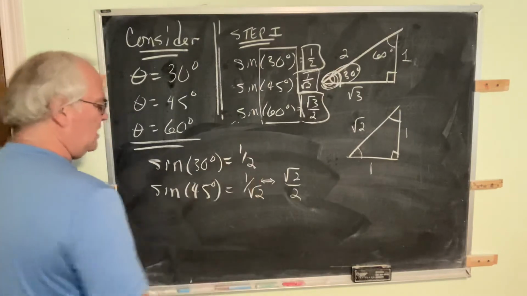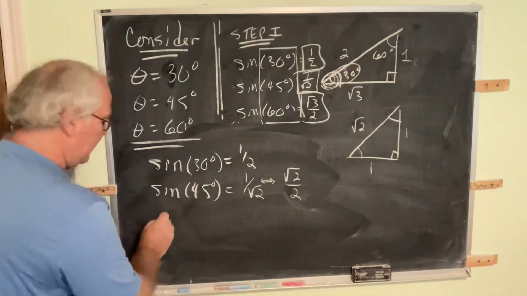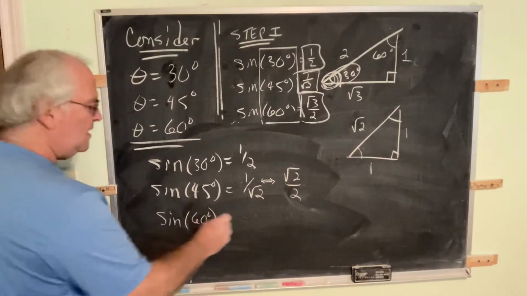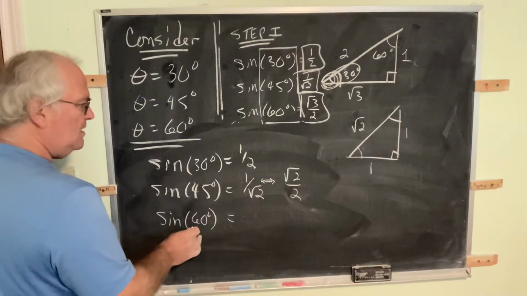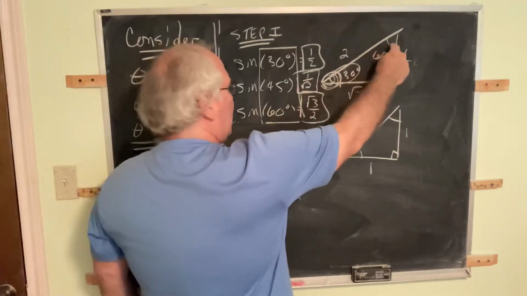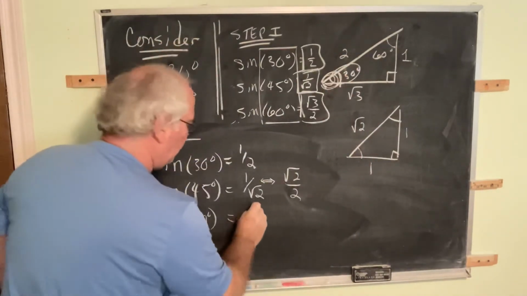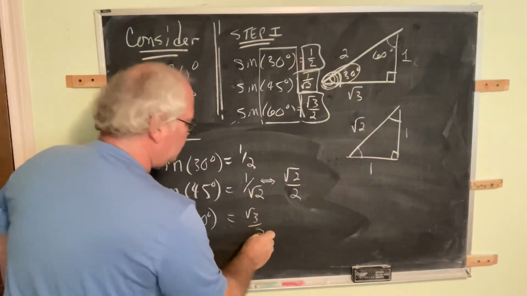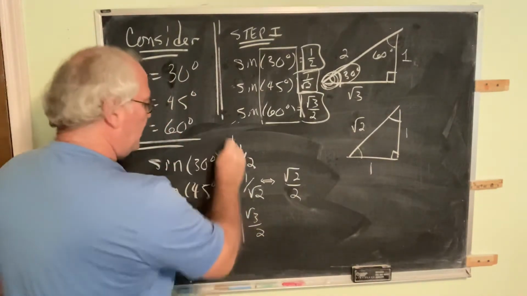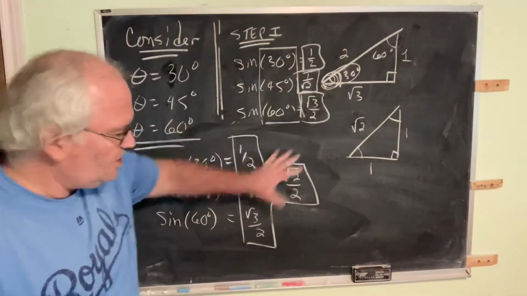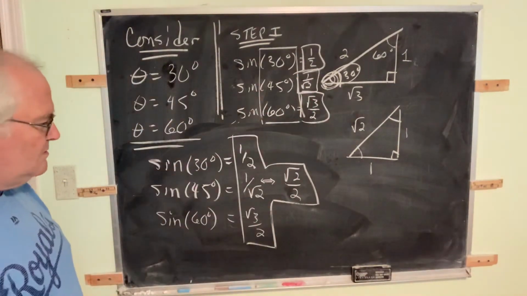You rationalize the denominator. And then sine of 60 degrees, opposite over hypotenuse, is the square root of 3 over 2. As soon as you draw this picture, you should have those values.